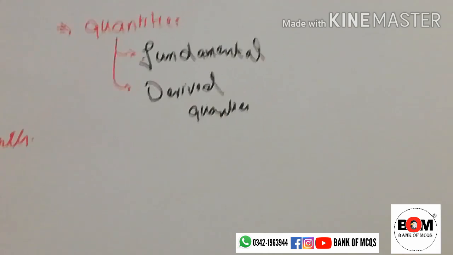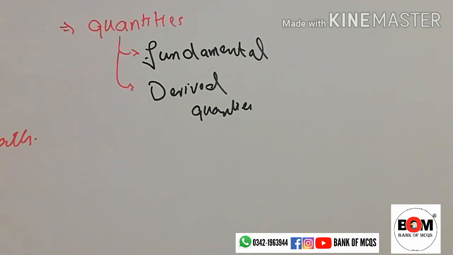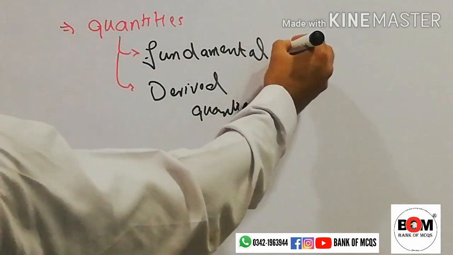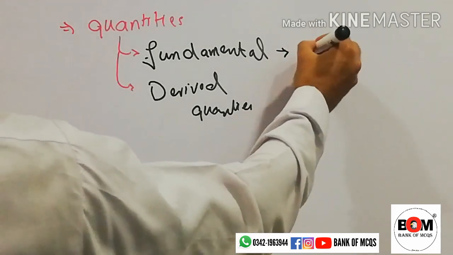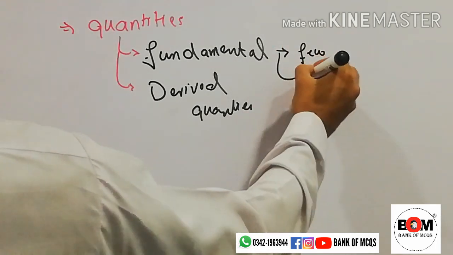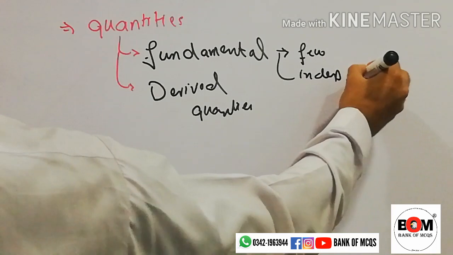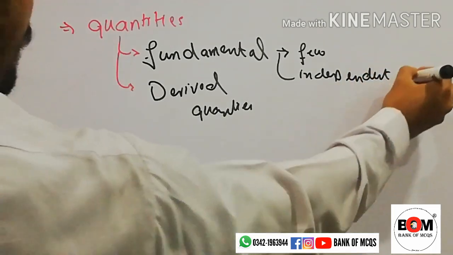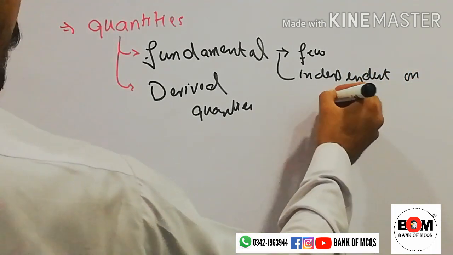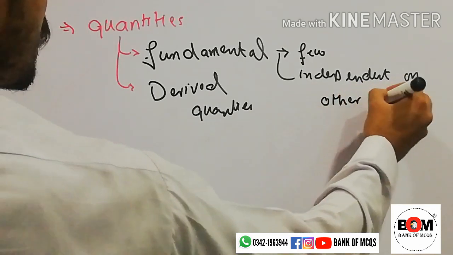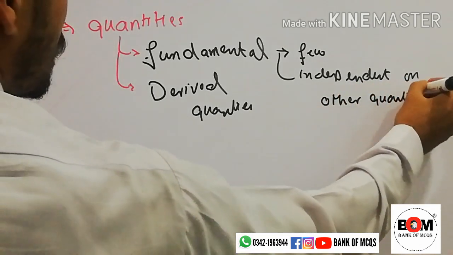Dealing with fundamental quantities. Out of the large number of physical quantities which exist in nature, there are only a few quantities which are independent of all other quantities, which don't depend on other quantities.